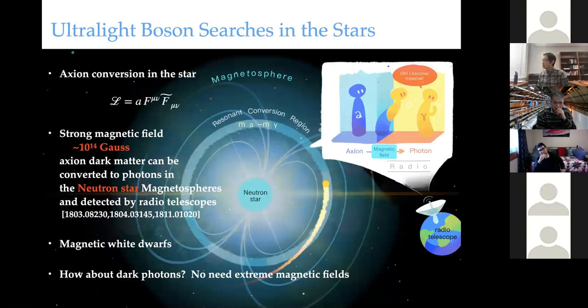So our idea is trying to think about how a star can be used to constrain. Let me give you some background on how the idea was generated. The idea was generated by reading several papers on axions: ultralight boson searches in the star. The axion, we know, can convert in the star.